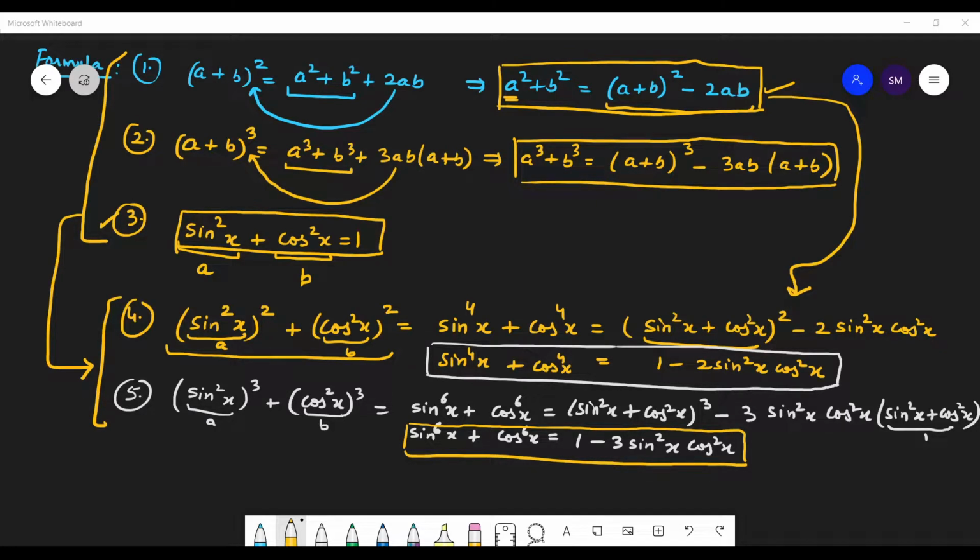So what do you get? 3 into 1 minus 2t square plus 6 into 1 plus 2t plus 4 into 1 minus 3 t square into 1.